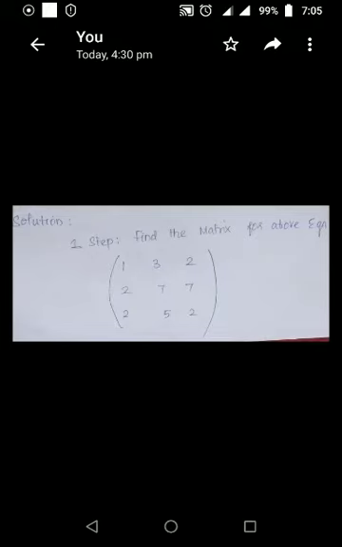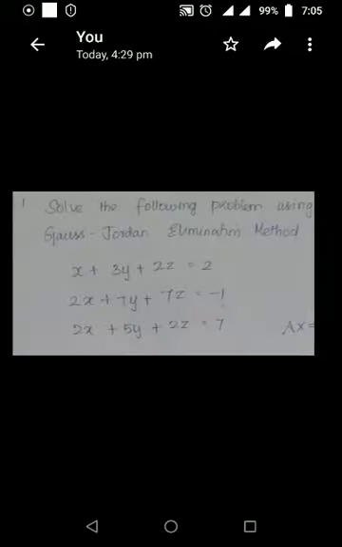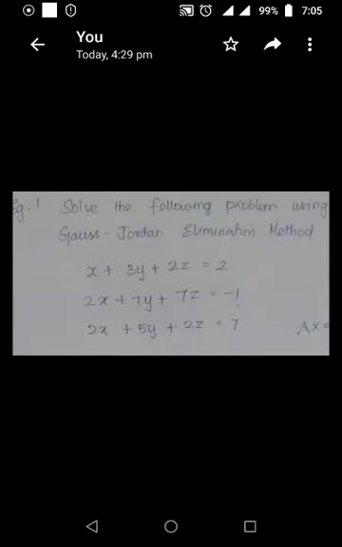First step is: find the matrix. From the given equations, we find the A matrix. What is the A matrix? It holds the coefficients of all the variables x, y, z from each equation, and we make that into a matrix.